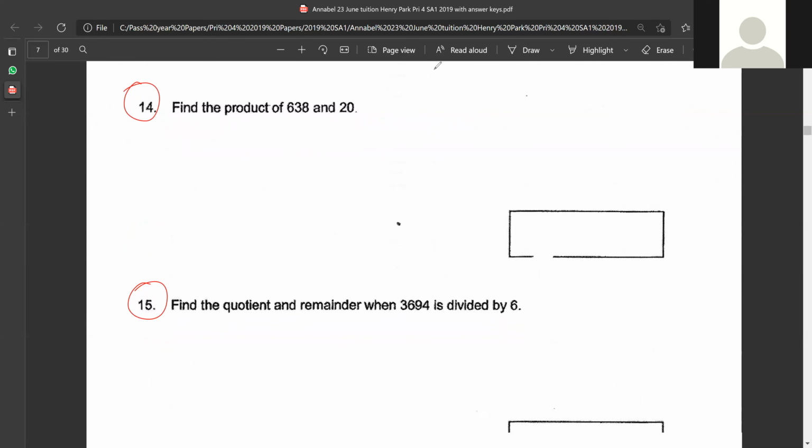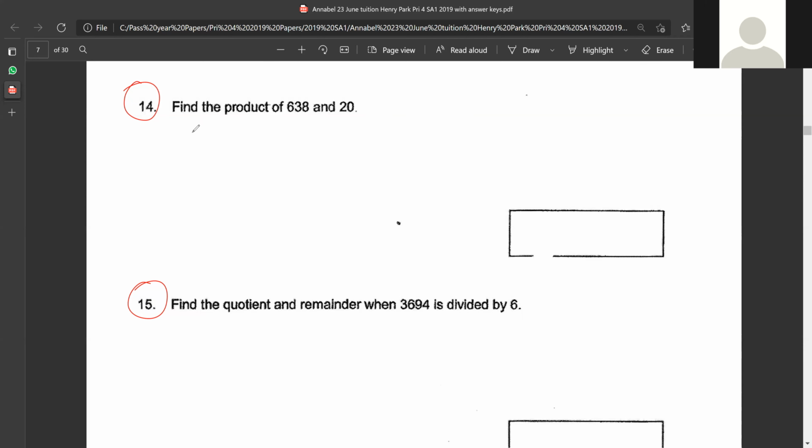Find the product. This one also cannot do. Find the product. Do you understand the question? What does the question want you to do? You tell me. Divide 638 by 20. Wrong. Find the product.